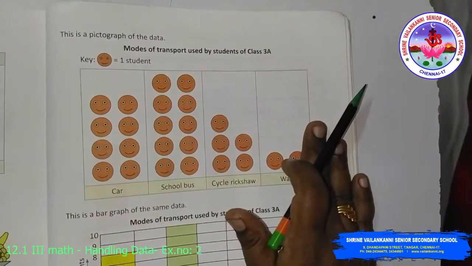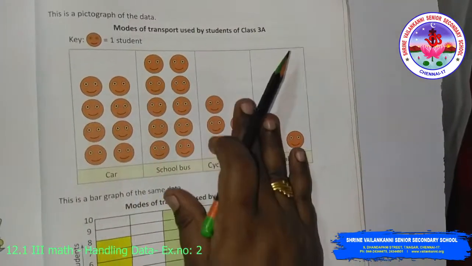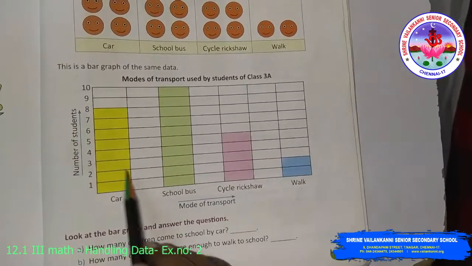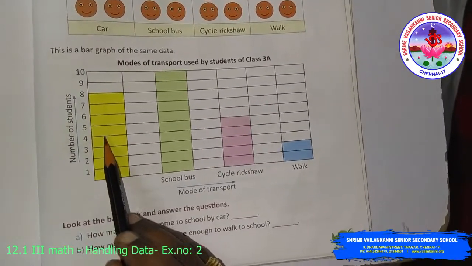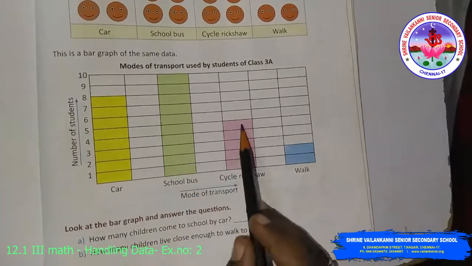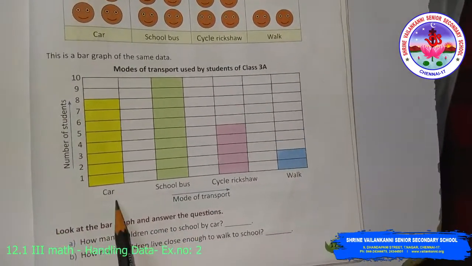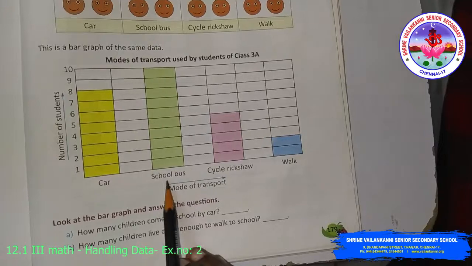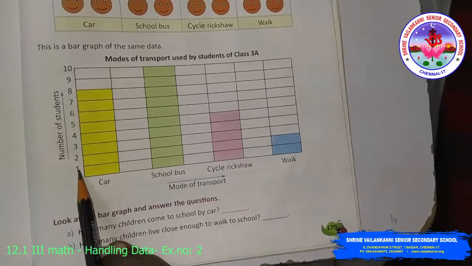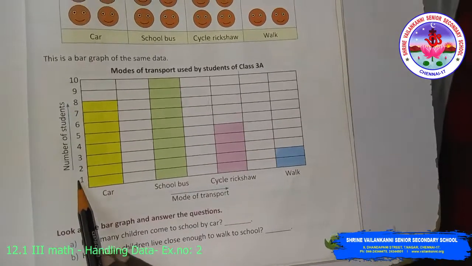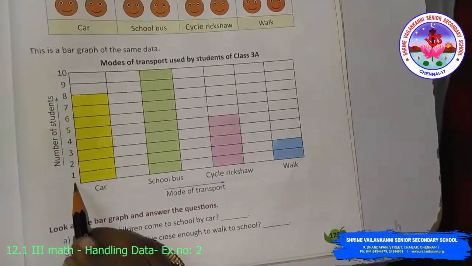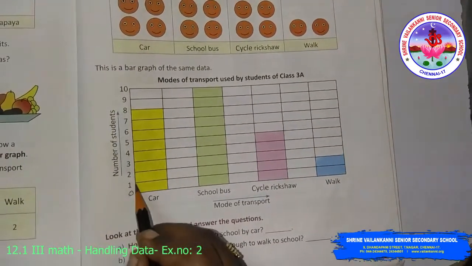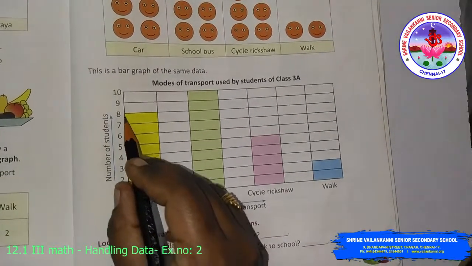The same data given in the question is represented in the pictograph and also by a bar graph. So this is your bar graph. You can see the boxes which are colored, representing the data. The modes of transport are given below: car, school bus, cycle rickshaw, walk. For the number of students, you can treat this point as 0, then 1, 2, 3, 4, 5, 6, 7, 8, 9, 10.